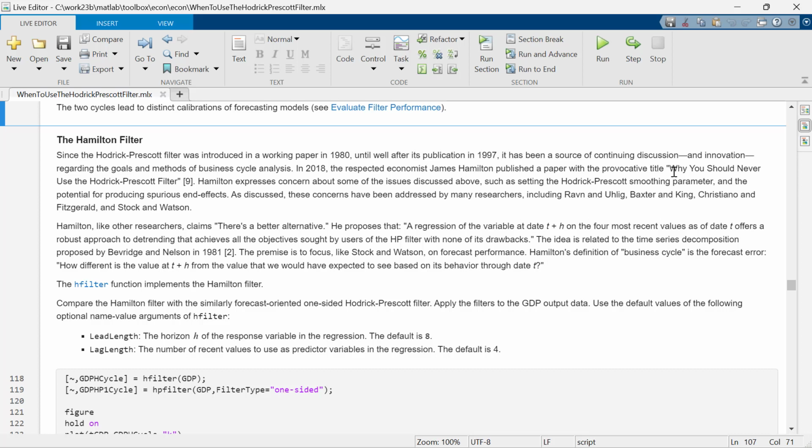And so again, he has this very strong title that you should never use the Hodrick-Prescott filter.